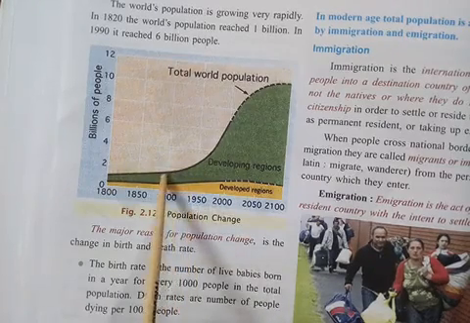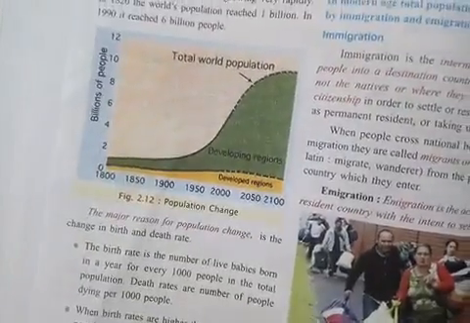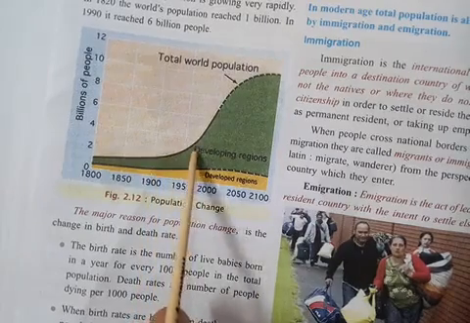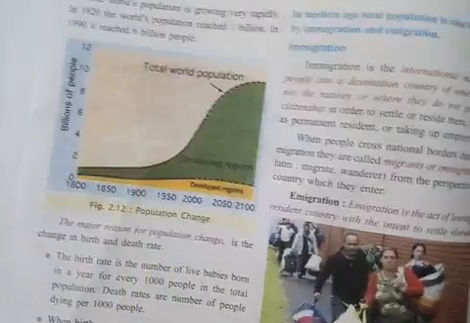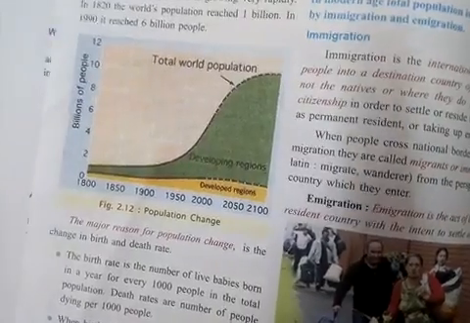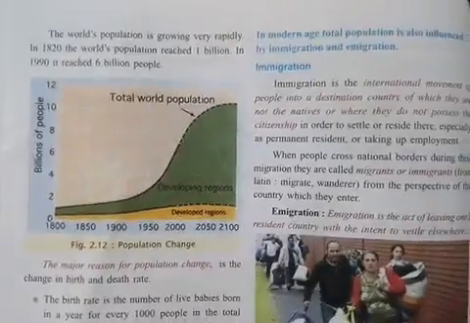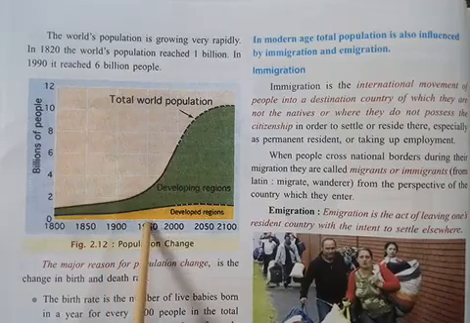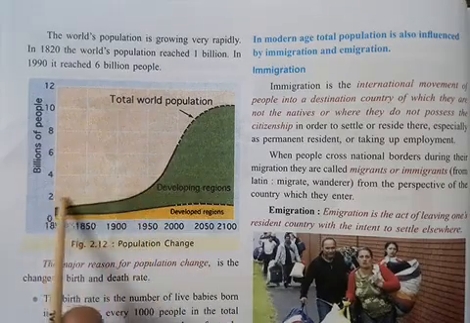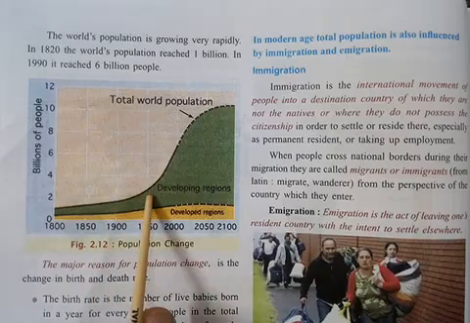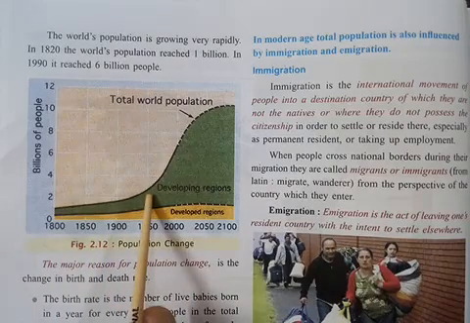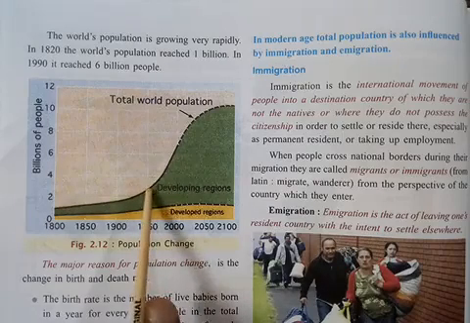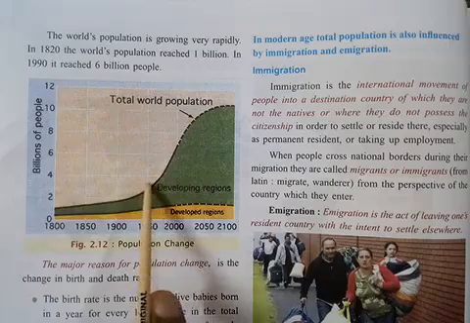Now what happened in 1950? If you see here, the rate of population gradually increases. You can find here in 1950 this line shows about 2 billion, or about 2.5 billion, or maybe this half is here, so this is 3, so less than 3 billion.